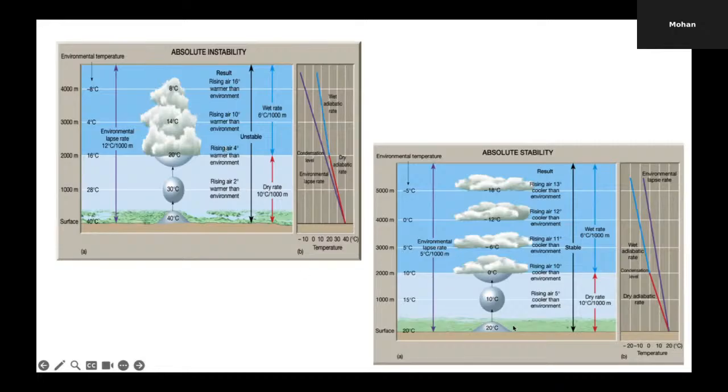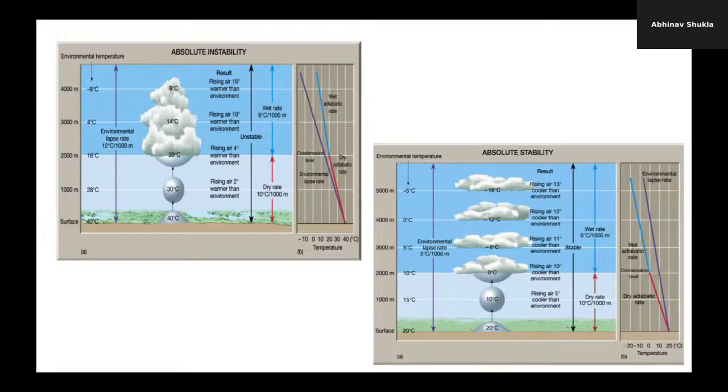There are a lot of stability conditions in the boundary layer. Sir, I have a doubt. Yes. Sir, in the absolute stability picture, the dry adiabatic lapse rate is less than the environmental lapse rate. So why does the parcel still go upward? No, in the second case, the dry adiabatic lapse rate is less than the environmental lapse rate, so that's why the parcel is not going.